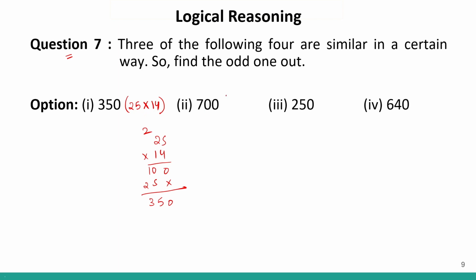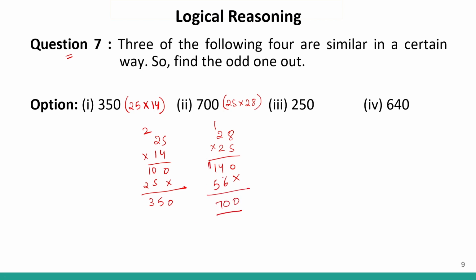Similarly, 700 is 25 into 28. You can cross check 28 into 25. If you want to do, this will be 40. This will be 10 plus 4, 14. This is 16. I'll get 1 carry. 2 into 2, 4 plus 1, 5. So this will be 0, 0, 1 will be carried over here.